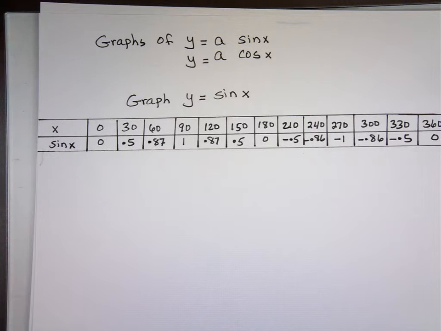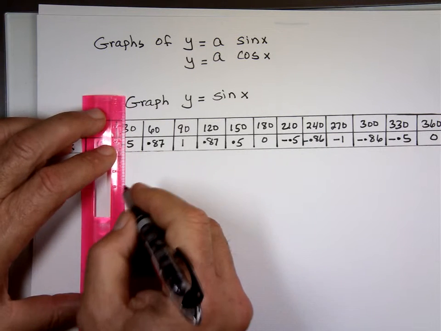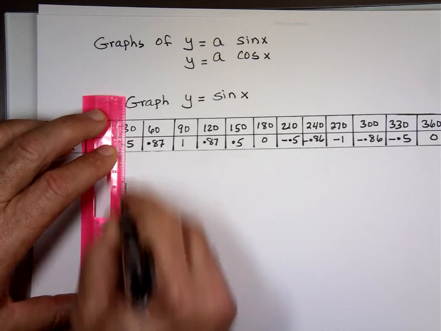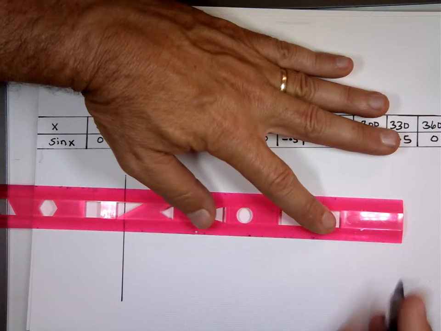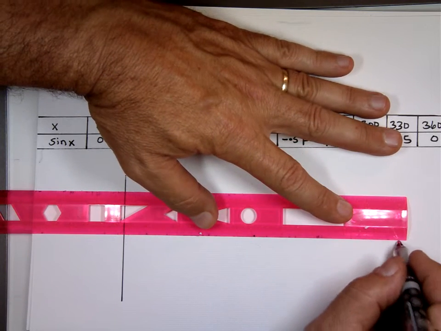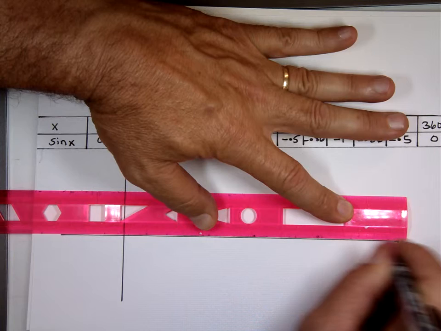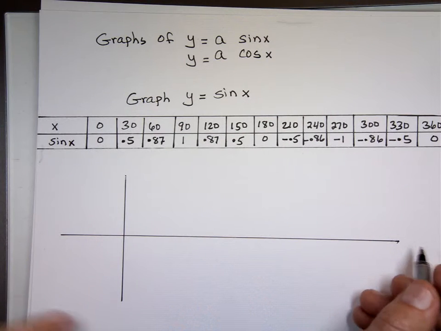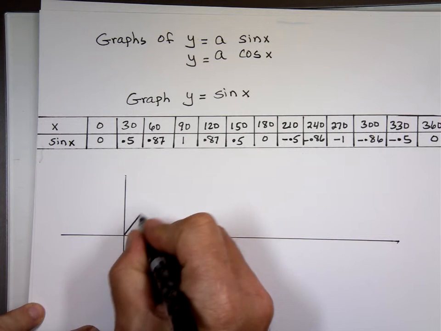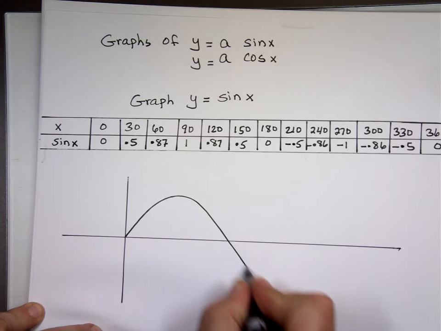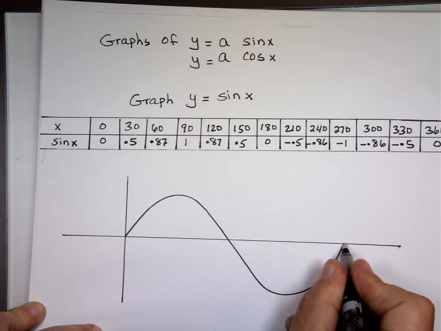What you're going to find out when you graph the sine of x is that it looks something like this. That's what it looks like.